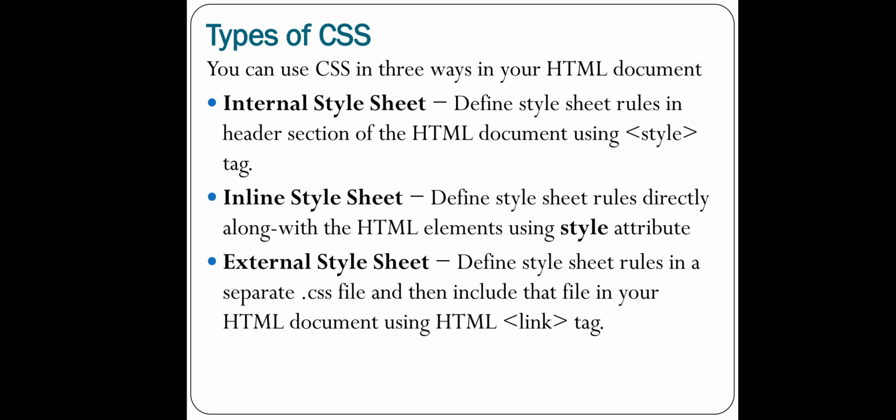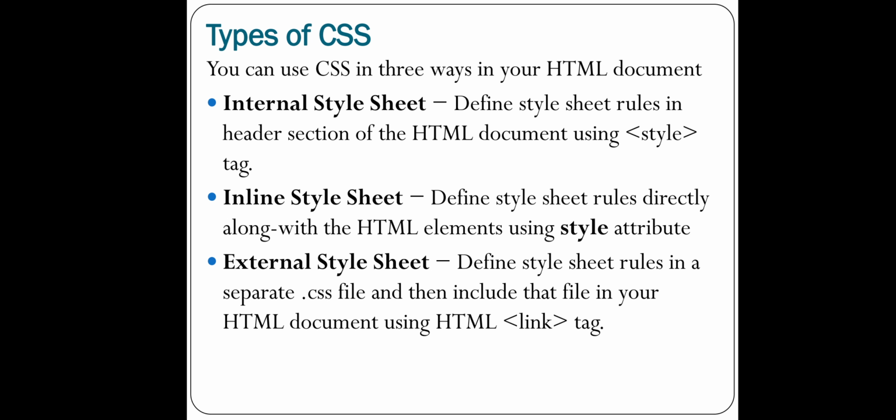I hope you are getting that the styling part is maintained in a completely separate file, and that file is no more saved with .html. Since it consists of only the styling part, it is saved with the extension .css. Now obviously, if there is an external file, we have to use it in our HTML document, right?